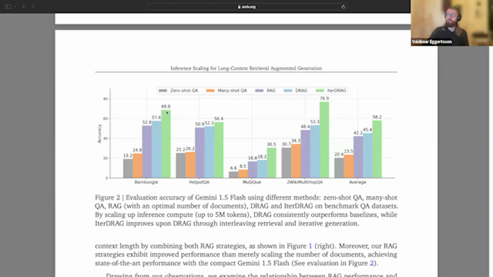And then you can go even further with the iterations by breaking into subqueries. This is especially important for this set here. You go for 50% with a normal RAG, but by breaking it down, it's 76.9%. This is for questions that need to be decomposed, like: who is the author of the book which won the Academy Award in 2003 for Best Movie?